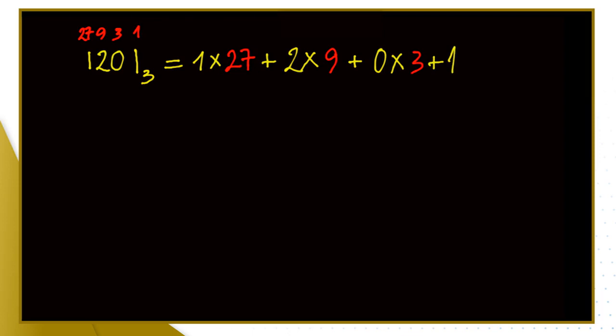That means we go straight to the expanded form, which is 1 the digit times the 27, plus 2 the digit times the place value 9, plus 0 times the place value 3, plus 1 times the place value 1.